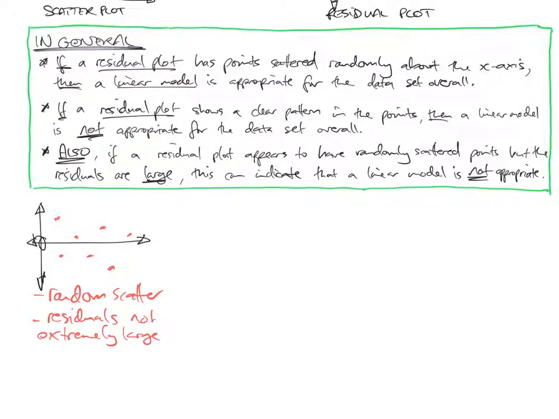Residuals in the positive and negative direction. Therefore, linear model appropriate. So you're able to conclude from this second checking method of a residual plot, if the residual points are scattered randomly about the x-axis, a linear model would be appropriate.